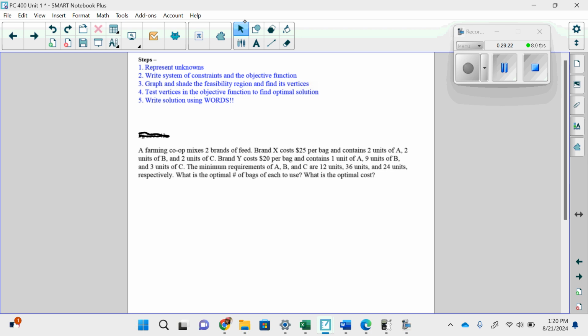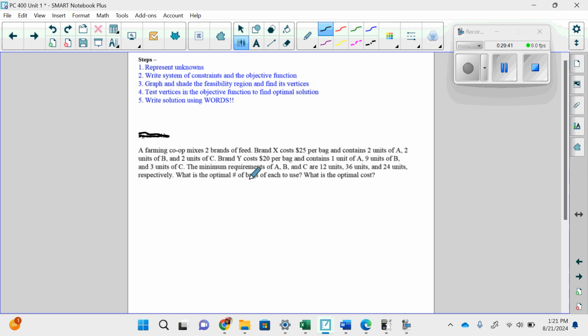What is the optimal number of bags of each to use? What is the optimal cost? So we want to minimize costs, while meeting those minimum requirements of 12 units of A, 36 units of B, and 24 units of C.